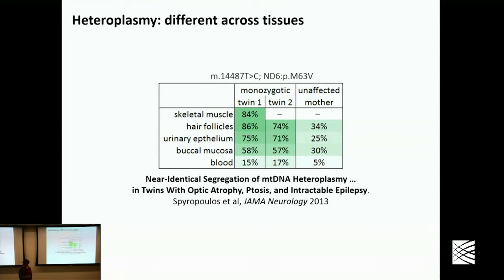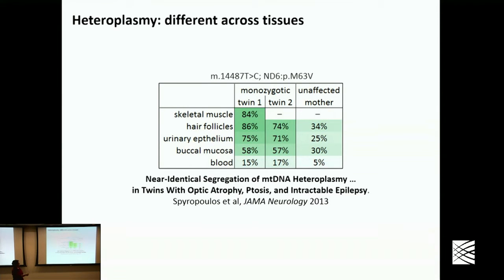One of the interesting things that's emerged in the last couple years is that this heteroplasmy, the mutant load, is different across tissues, and it's different across tissues in the same way. So this is a beautiful study of a monozygotic set of twins with a deleterious allele, shown here.